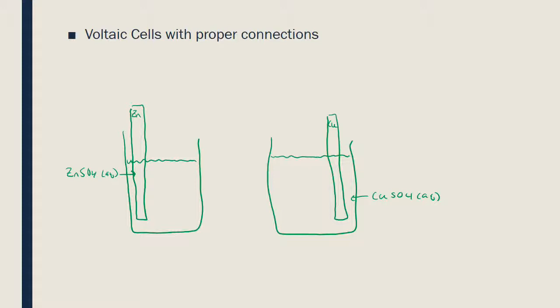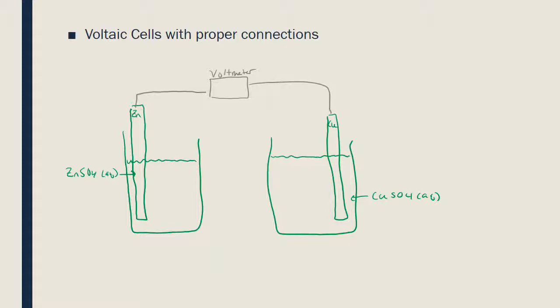So we have an external wire, which I'm going to make a different color. Wires are blue. No, wires are gray. So we're going to connect it to an external wire. That external wire is going to be hooked up to a voltmeter to read that voltage. And connect it to the other half cell.